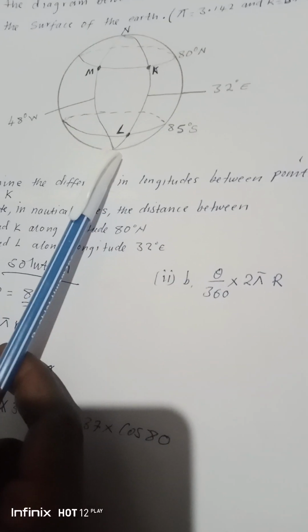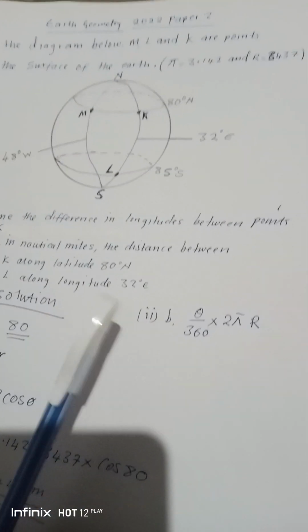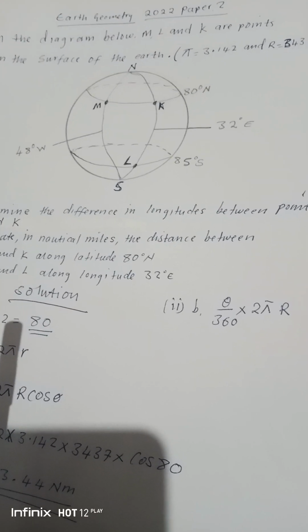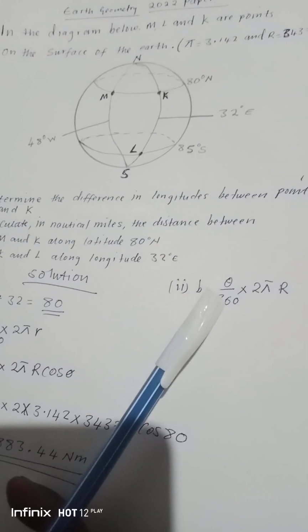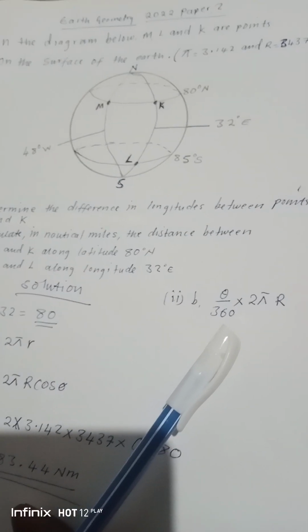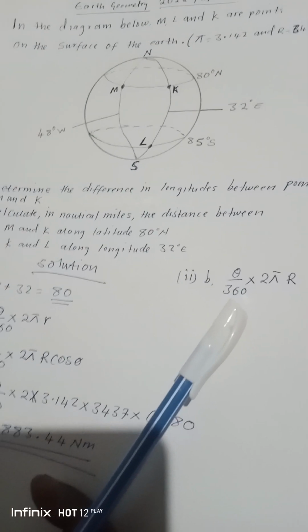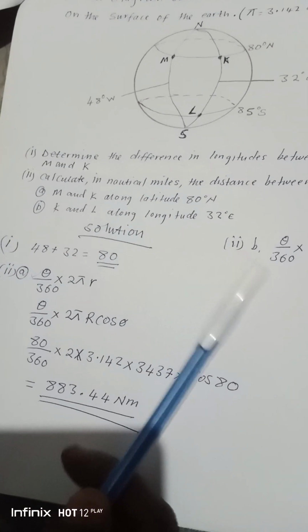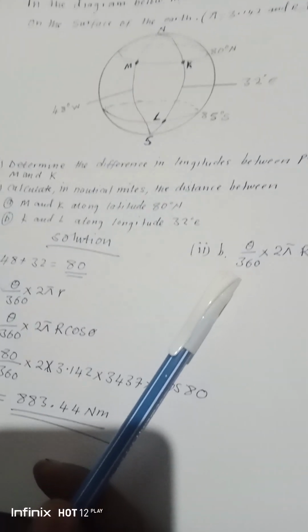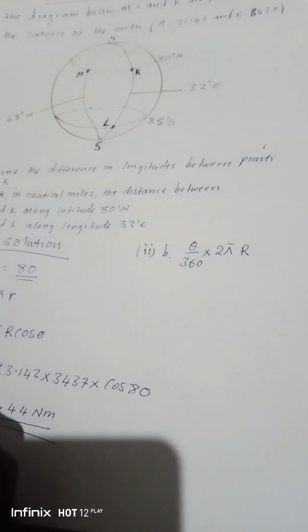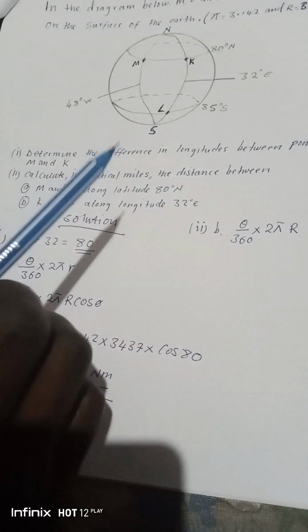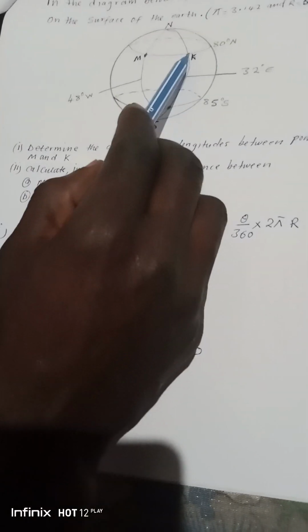So the radius will go directly to the capital R. The difference on the theta part here is different. We are not going to use the same difference that we used in the first question.